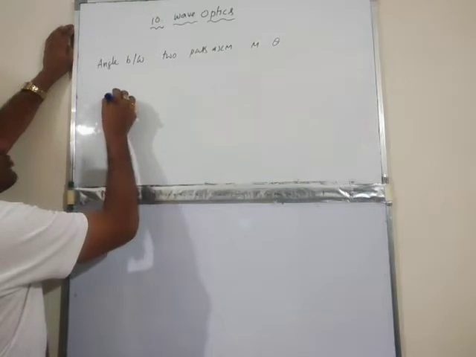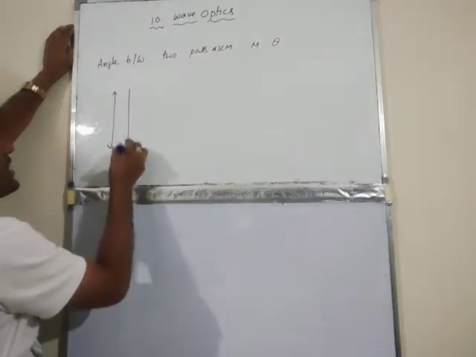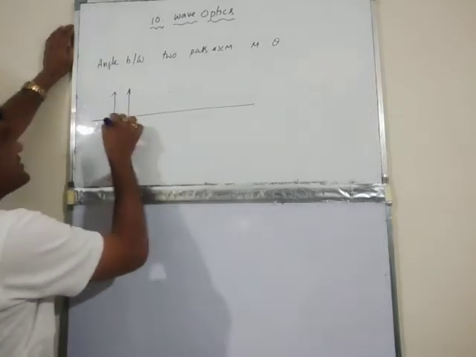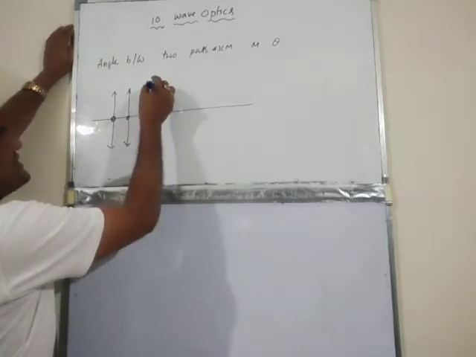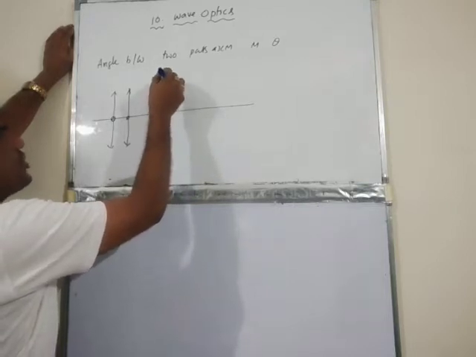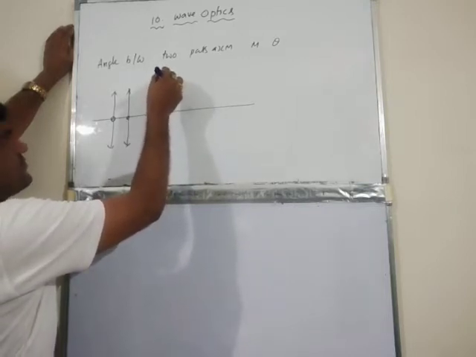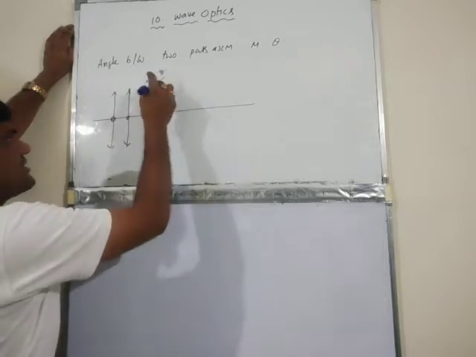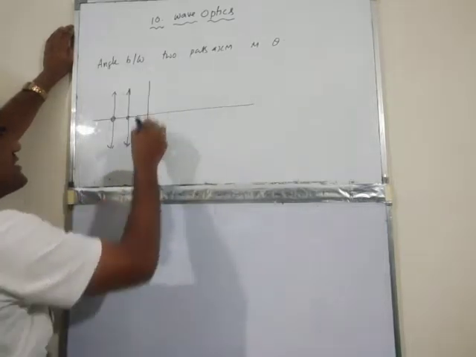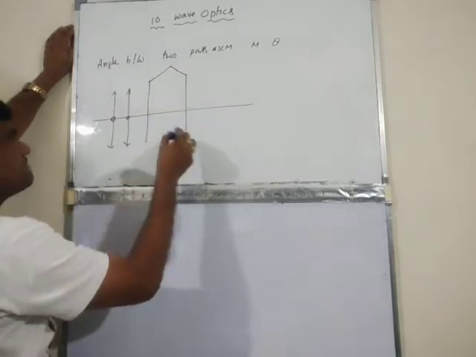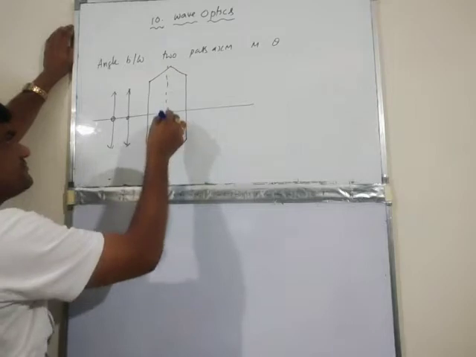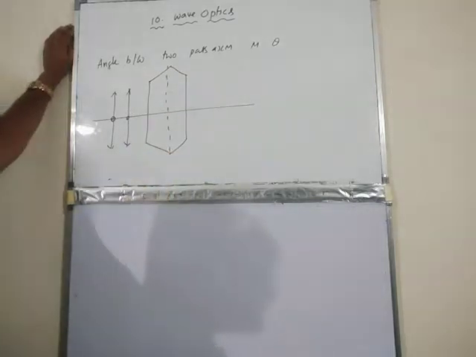So this is the unpolarized light. Now this is the path axis of the Polaroid, which I will consider in this manner. Okay, now this one is the path axis.